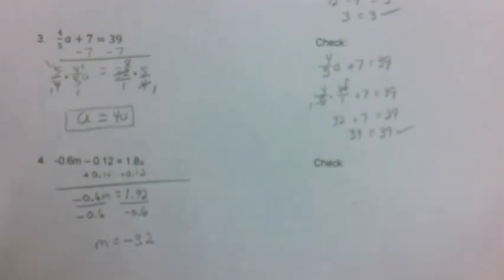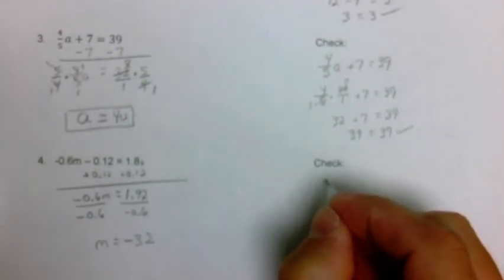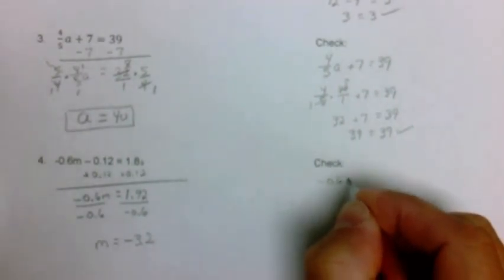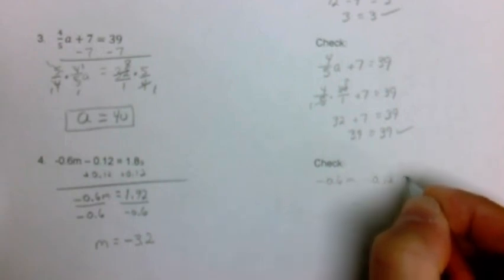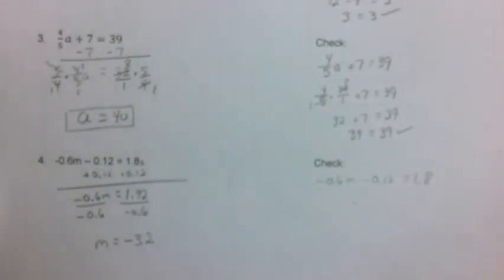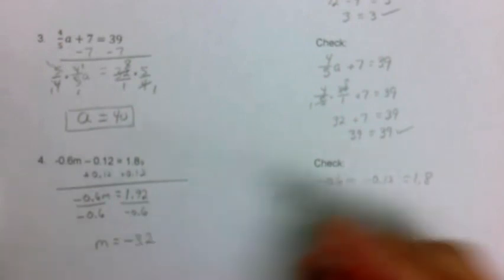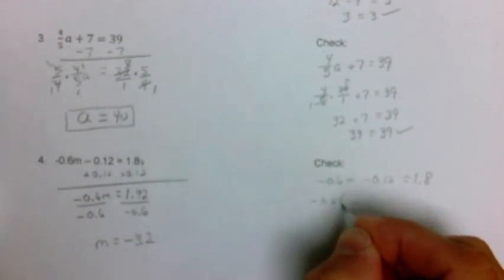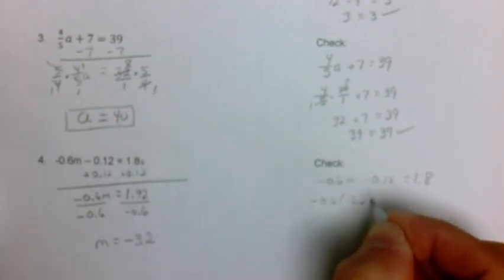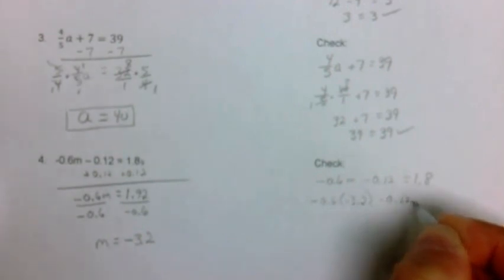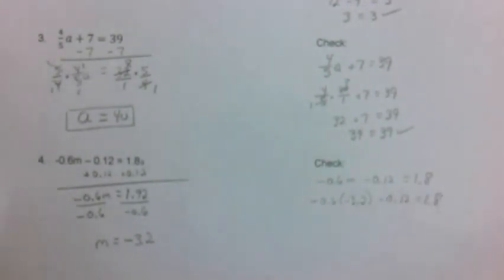Make sure by doing the check that that's the correct answer. Negative 6/10 m minus 12 hundredths is 1 and 8/10. Replace m with your answer. Negative 6/10 times negative 3 and 2/10 minus 12 hundredths is 1 and 8/10.